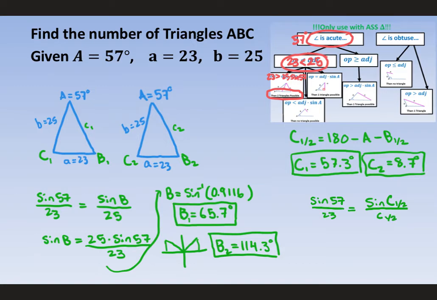So I'll cross multiply here. This is like what we did last class, so I'm not showing all my work here. I get little c1 is about 23.1, and I get that little c2 is about 4.1. And there we go. We solved both triangles.